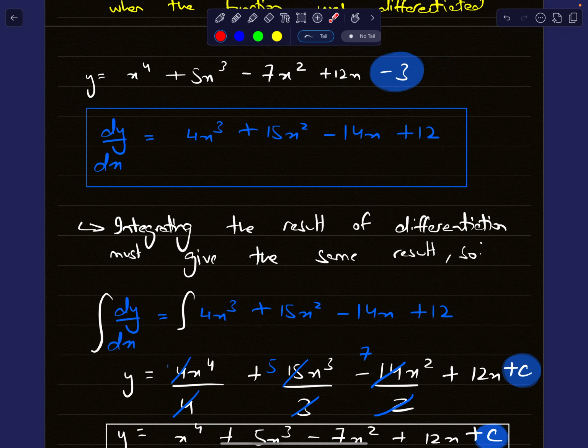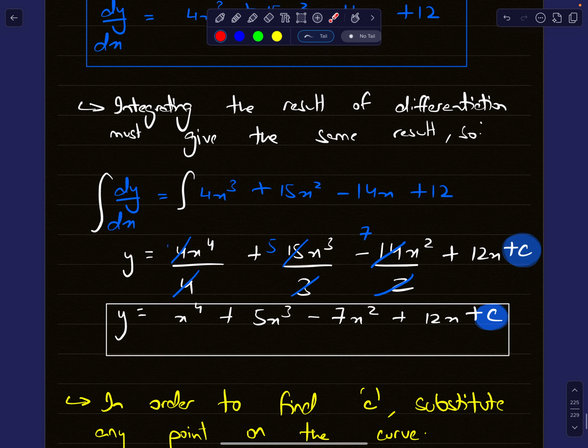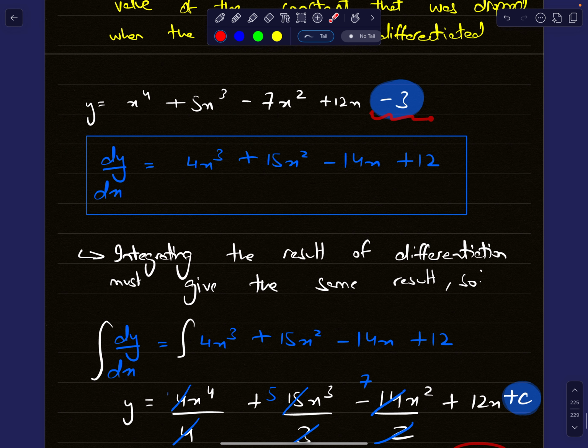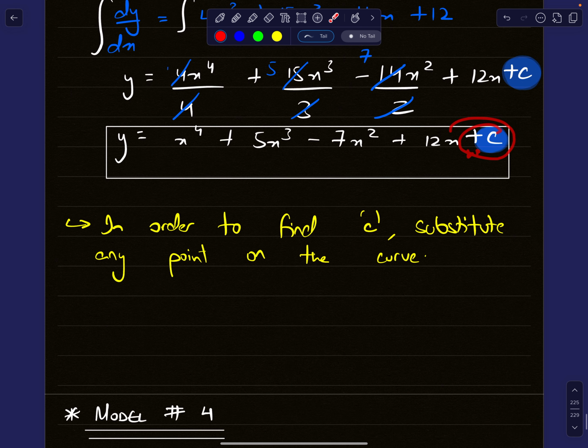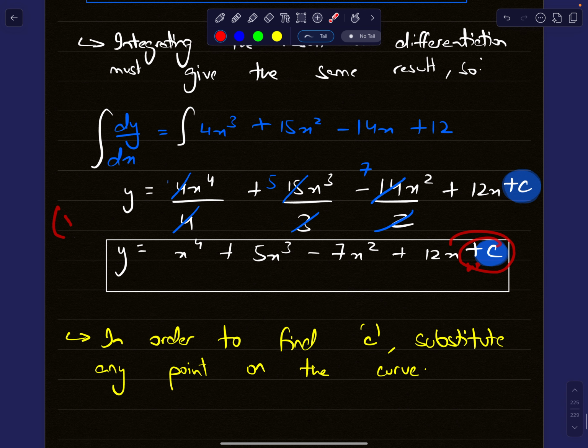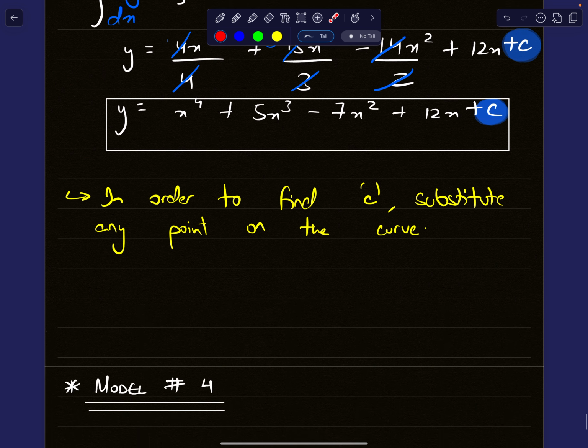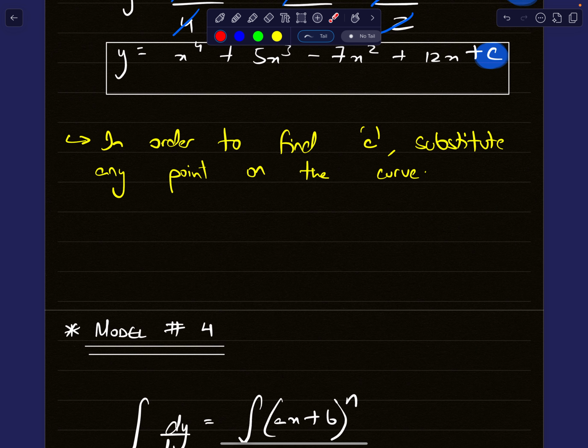So the first step in obtaining exactly this equation is writing C. And then in order to find the value of C, the fixed value that we expect to be minus 3, we need to substitute a point on the curve. Let's say we are given 1, 3, so we substitute x as 1 and y as 3 and solve for C. And finally write the final equation of the curve.